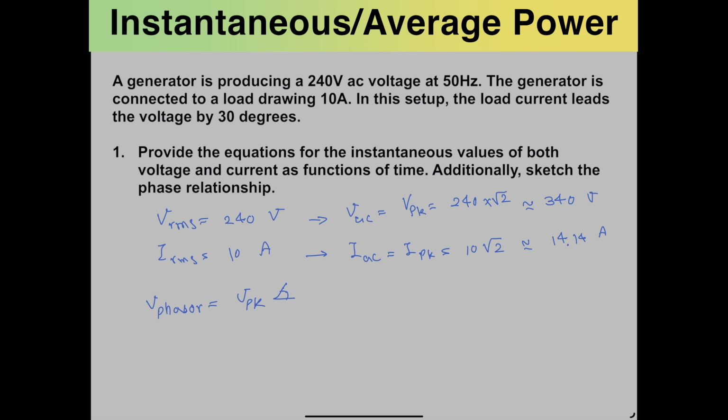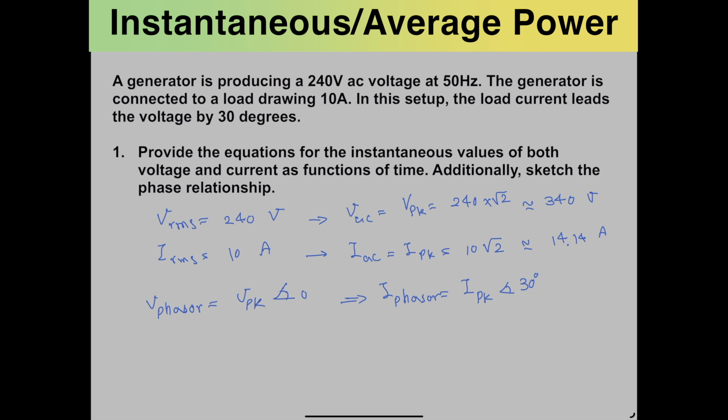We can assume that the phase of the voltage is going to be 0 degrees, and with respect to that, the I phasor is going to have 30 degrees more than the voltage. Our assumption starts from 0 for V, and the current leads by 30 degrees, which means we add 30 degrees to that.